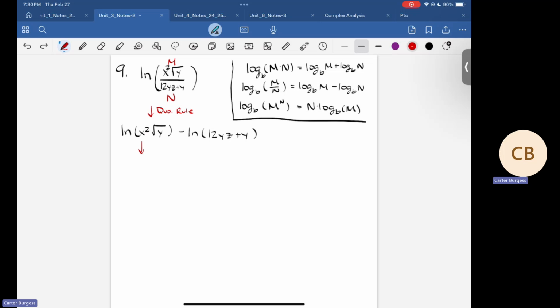And so using our product rule, we'll go ahead and split this apart into the ln of x squared plus the ln of the square root of y, and then using our power rule on both, I get 2 times the ln of x plus, remember, square root is really 1/2 times the ln of y, that power being 1/2.